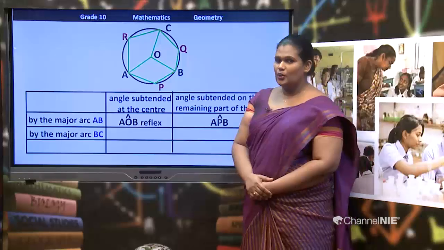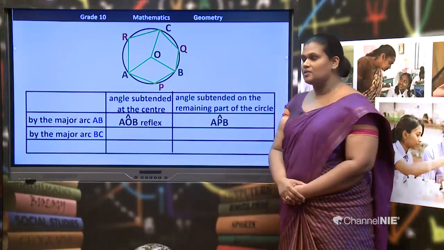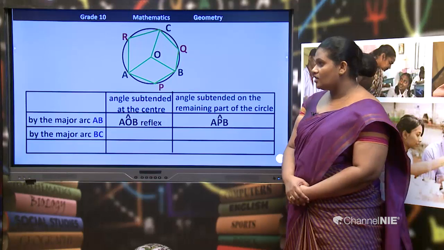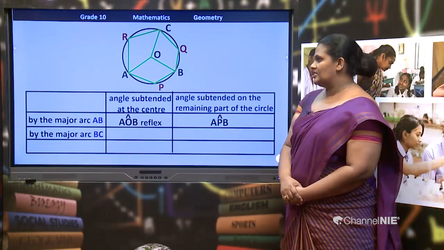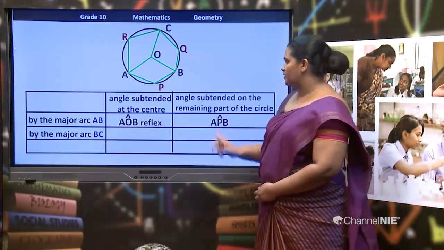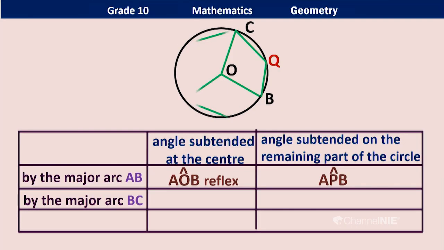Right. First of all, we will consider the angle subtended at the center of the circle by the major arc BC. So, what is that? We will see. First, we will just get the major arc. Right. Now, here we can see by the major arc BC, the angle subtended on the center is BOC. Right.